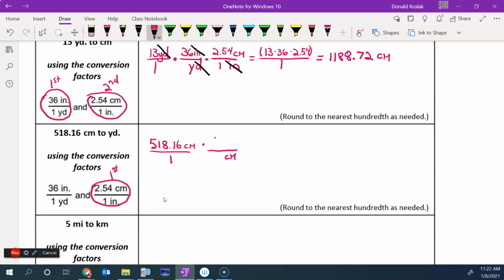So I'm going to write it as 1 inch over 2.54 centimeters times. And now I know I want inches in the bottom. So I'm going to use this second, but I got to flip it so that I have inches in the right spot.